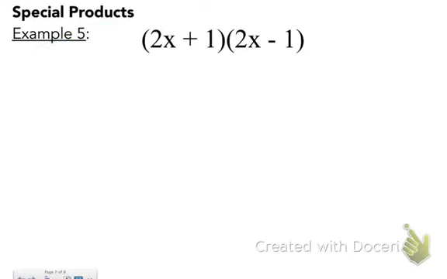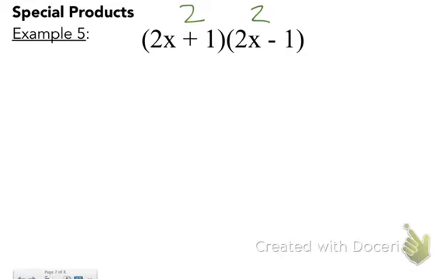Alright, and another special product, if you have two binomials where one is positive and one is negative, and other than that they're exactly the same, something kind of cool happens. So let's just set up a box this time and see what happens. So again, I have 2 here and 2 here.